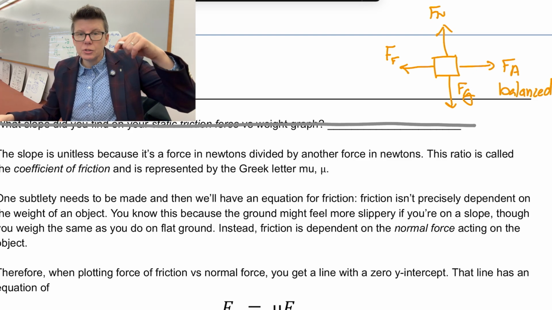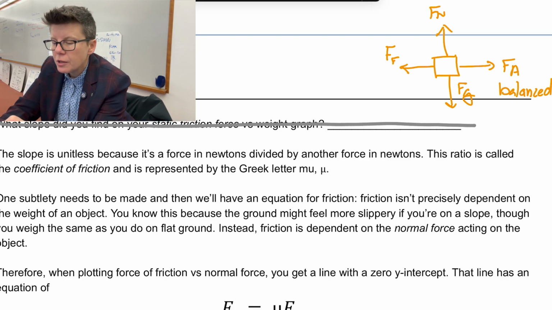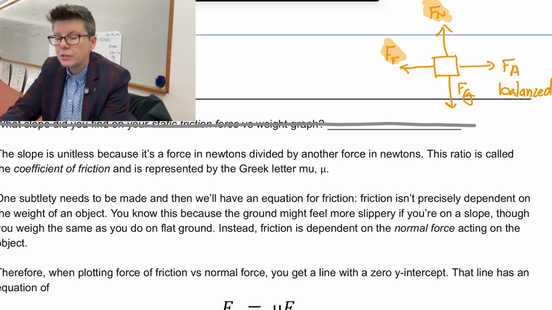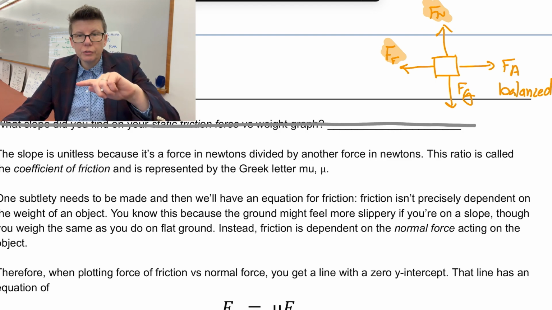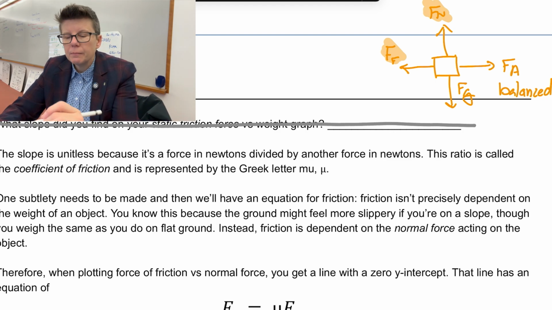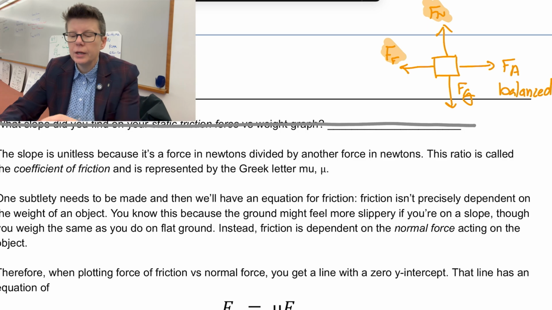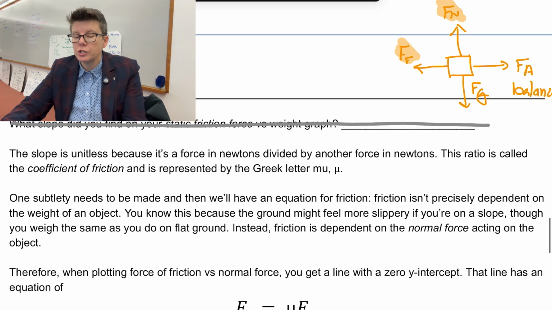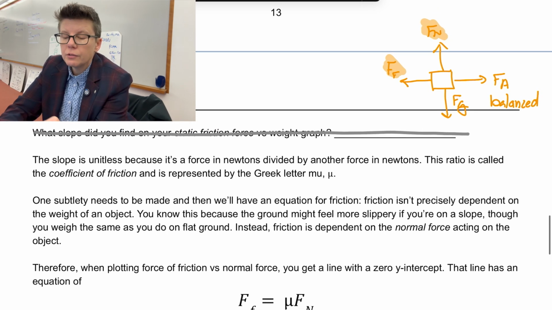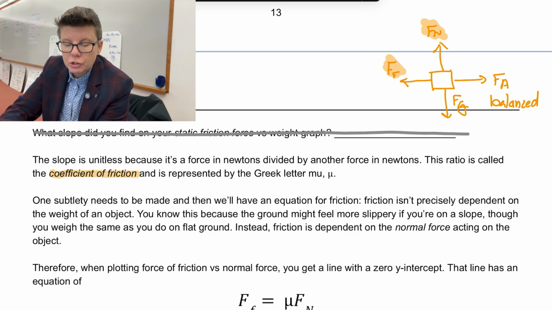That graph had a slope that was this amount of force divided by this amount of force. Friction force over normal force. That number has a really important name, and here goes. It's called the coefficient of friction. There you go, coefficient of friction.